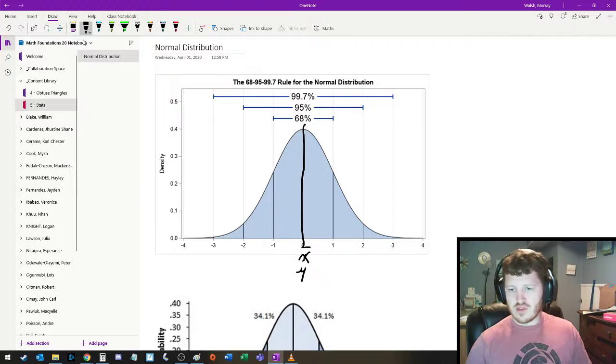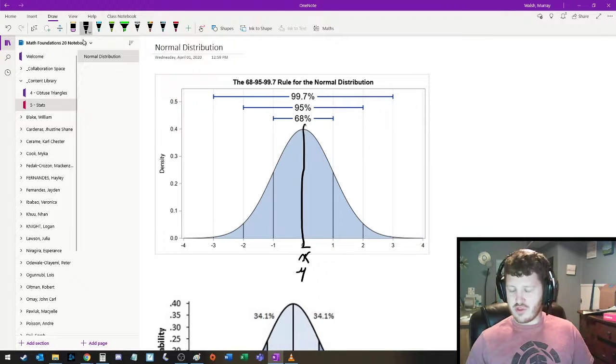And what statisticians and scientists have found out is that it very, very frequently follows this pattern, with a large portion of the data very close to the average, and then it tapers off into this bell shape with a very low amount of the data being very, very far away from the average. And as they started looking at it, they wanted more and more detail.